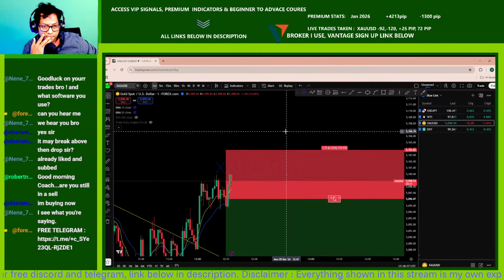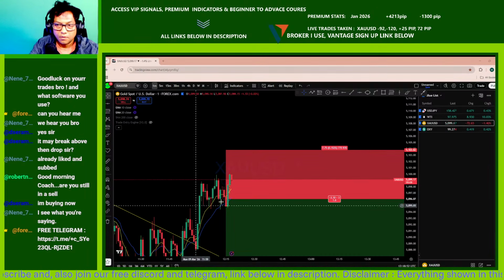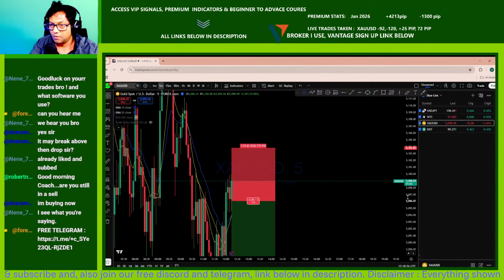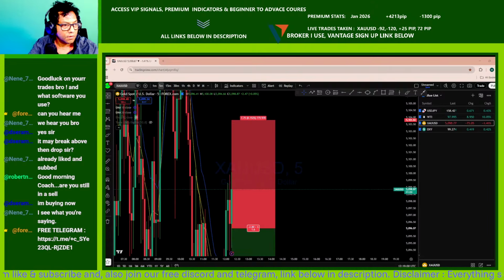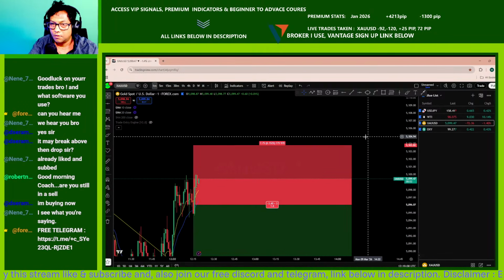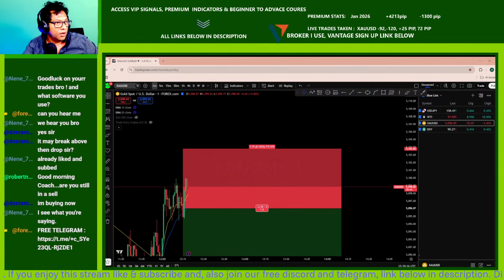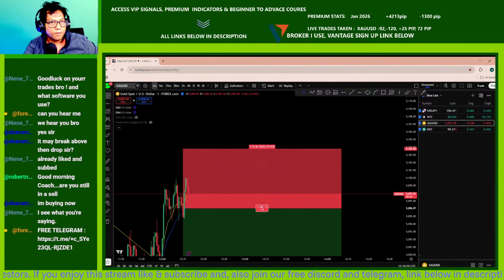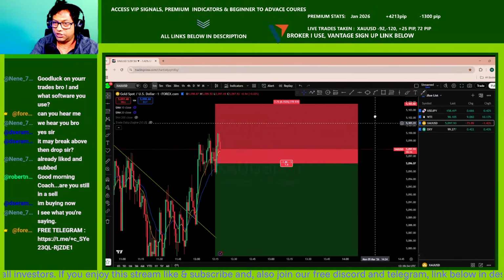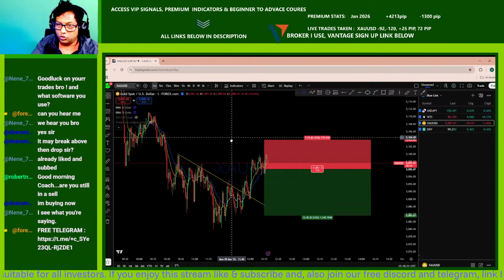Okay, so here we are looking in this area for an entry, and from this key level getting that rejection, I'm still expecting this market to trend back down from this double top, and continue to drop back below to the major direction of the trend here.